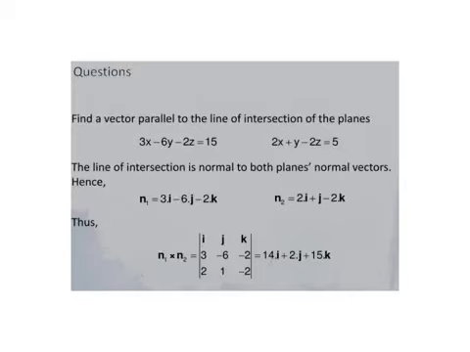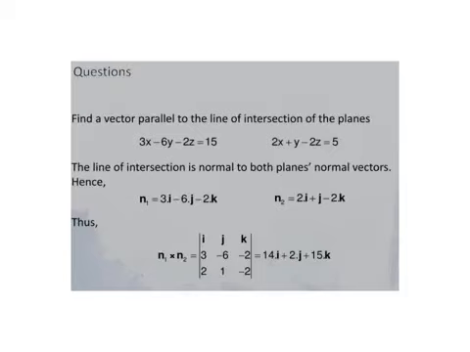Find a vector parallel to the line of intersection of the planes 3x - 6y - 2z = 15 and 2x + y - 2z = 5. The line of intersection is normal to both planes' normal vectors. The normal vector n1 of plane 1 is 3i - 6j - 2k.